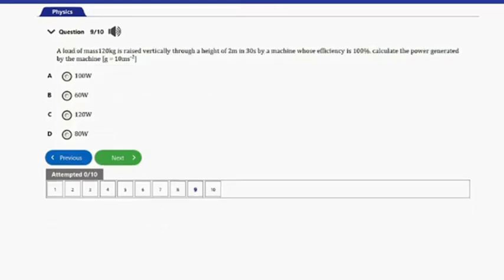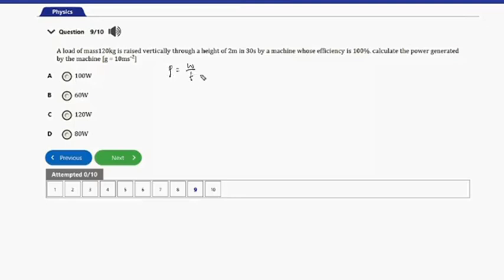Alright, so guys, the next question here, question number 9 says, a load of mass 120 kg is raised vertically through a height of 2 meters in 30 seconds by a machine whose efficiency is 100%. Calculate the power generated by the machine. So guys, let's recall that power is the work done over time taken.